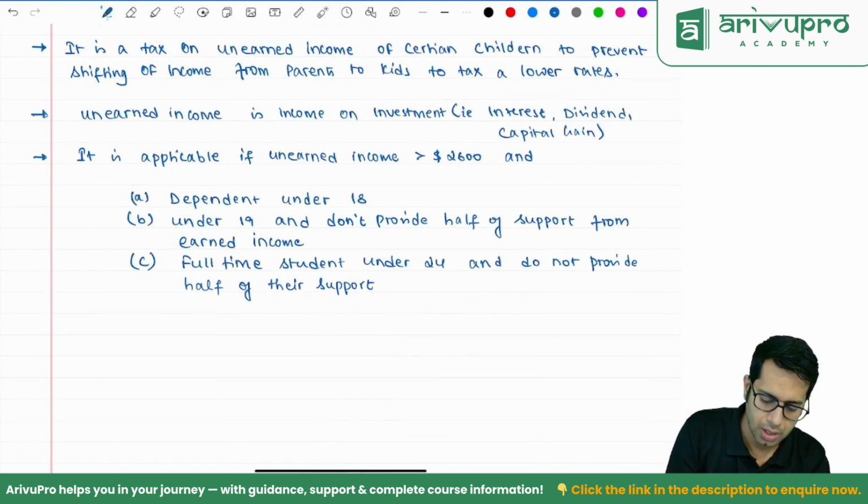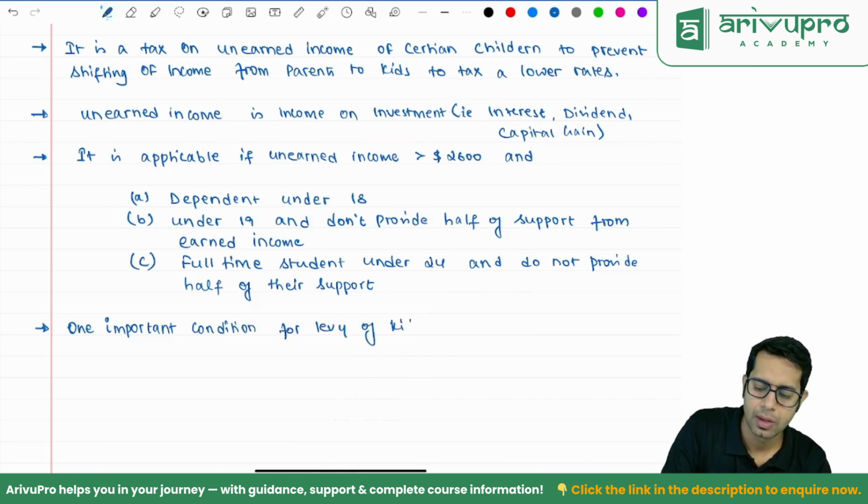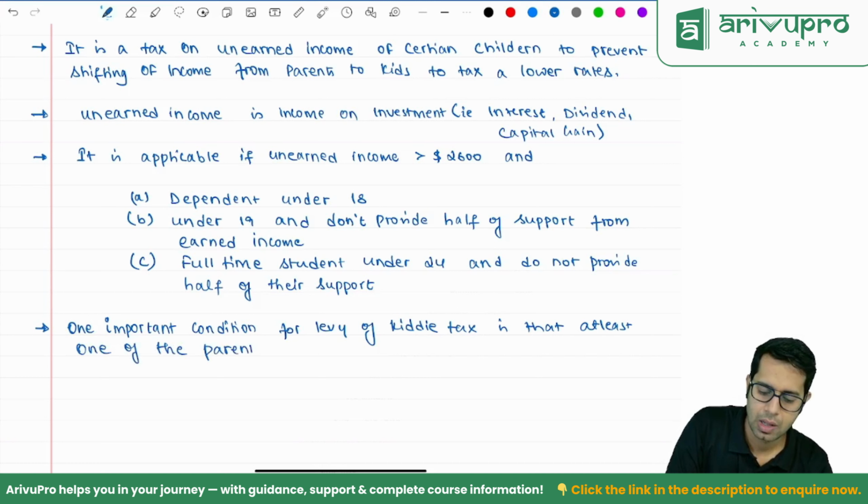One important condition for levy of kiddie tax is that at least one of the parents should be alive.